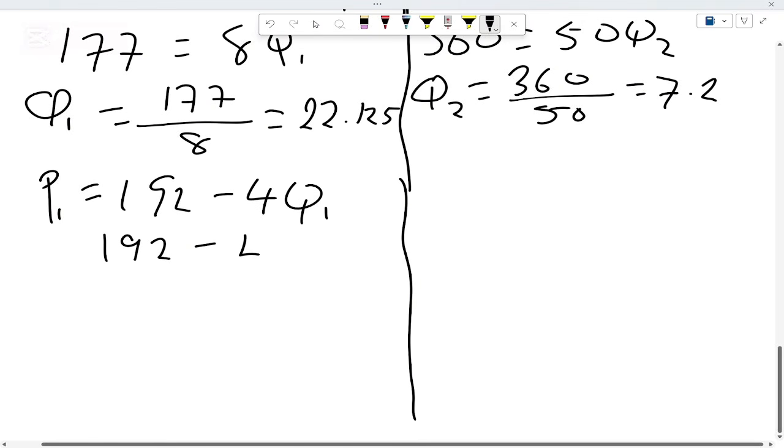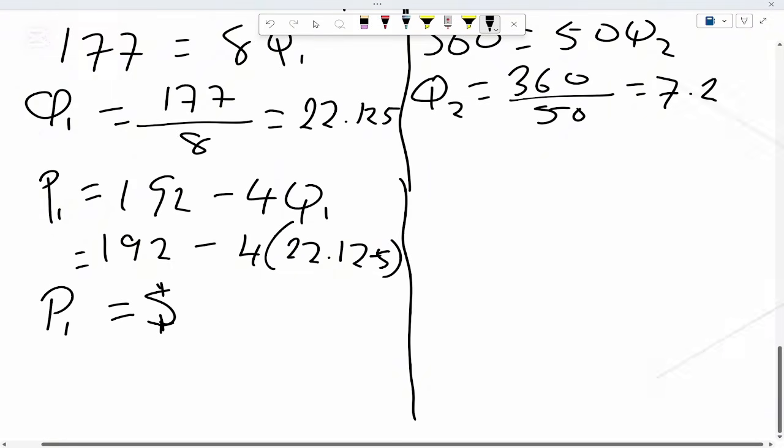So you have 4 into 22.125. So at the end, your P1 is equal to $103.5.